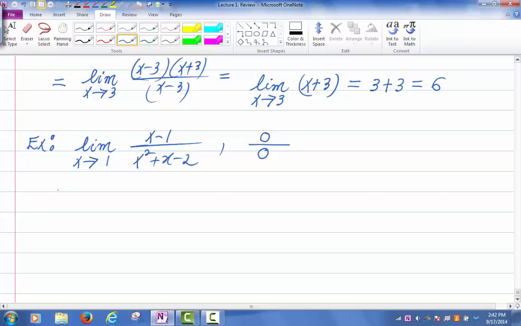Factor out. So I get x minus 1 over, if I factor out, what do I get? x minus 1, I better get that, otherwise factoring out doesn't help. And then, what else? x plus 2. Now, you know that I am going to get x minus 1, right? Because the denominator vanishes at 1.